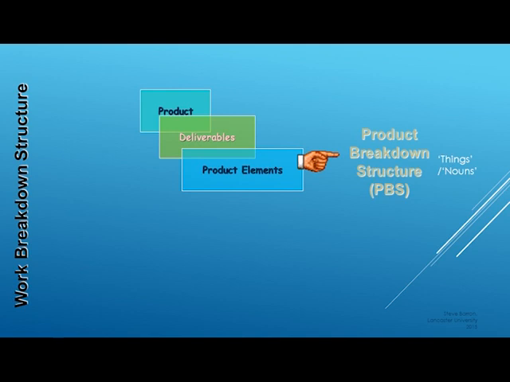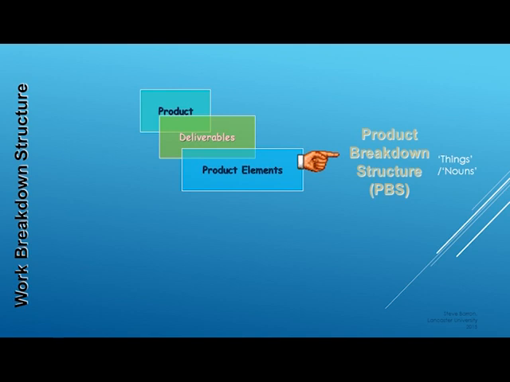When we write down words to describe products, deliverables, and product elements, we use nouns or names that label the thing we are defining. This is a helpful idea that helps to focus on the concept of product and the content of the PBS.